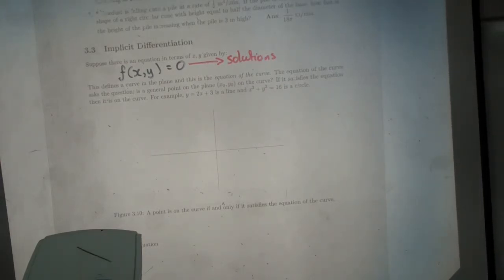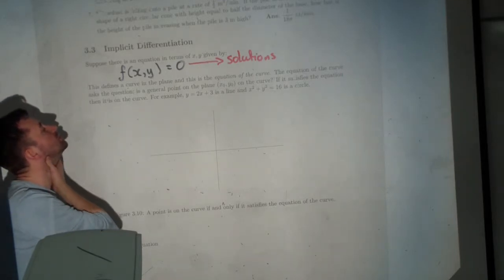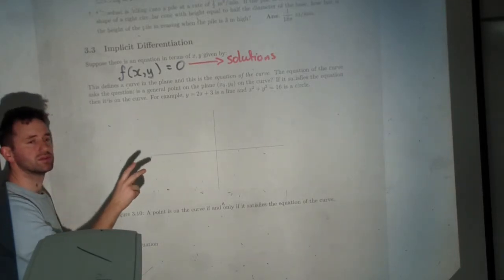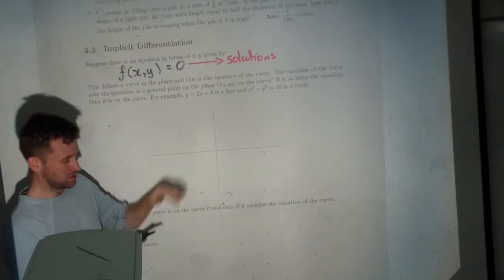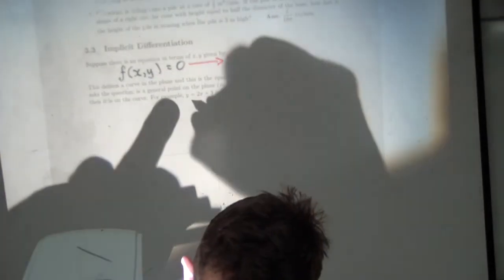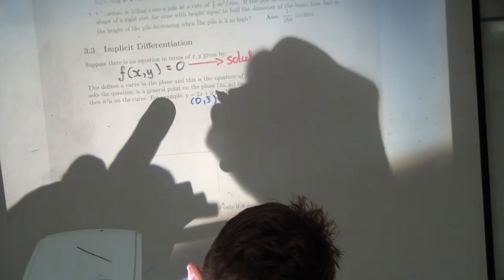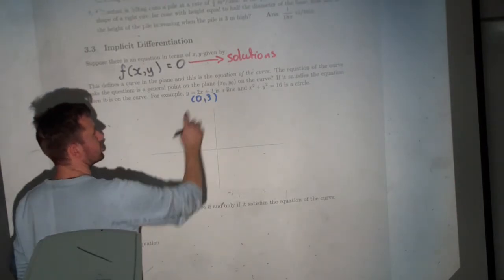X is 3 over 2, no? Minus 3 over 2. Should be two numbers. That's fine. Loads of them. X is 0, y is 3. So 0, 3 is a solution of this equation.